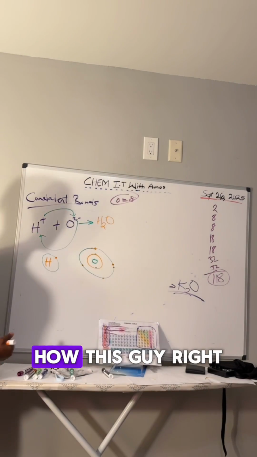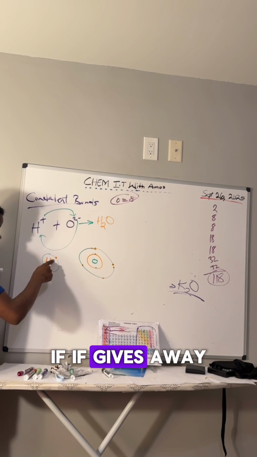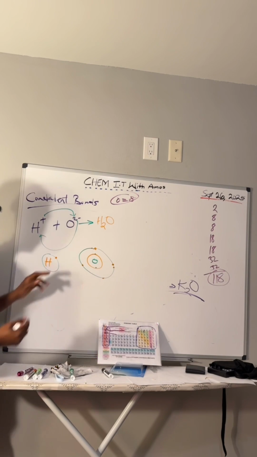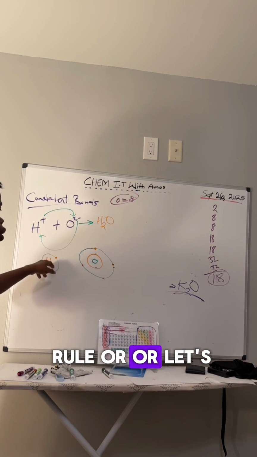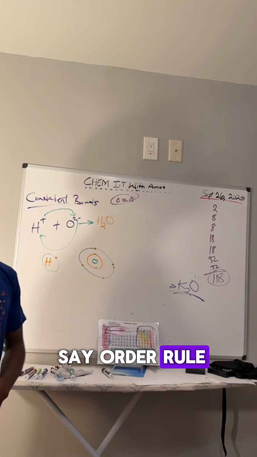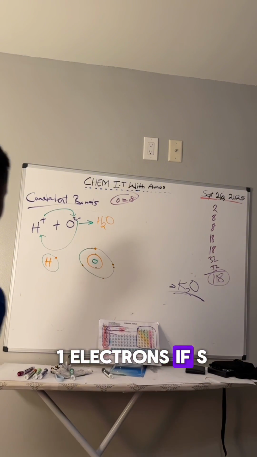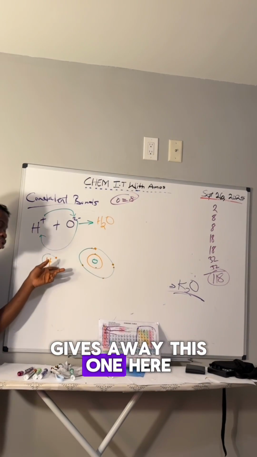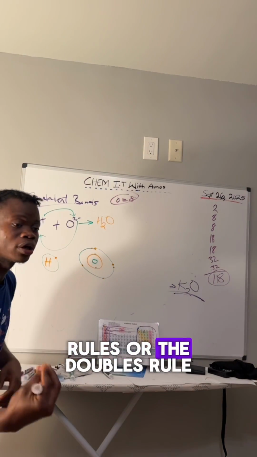How? This one right here, if H gives away this 1 here, which rule will it obey? Will it be the duplet rule or the octet rule? If H only has 1 electron and gives it away, will it obey the octet rule or the duplet rule?